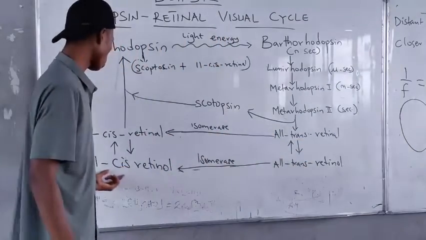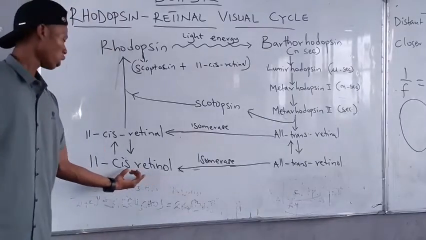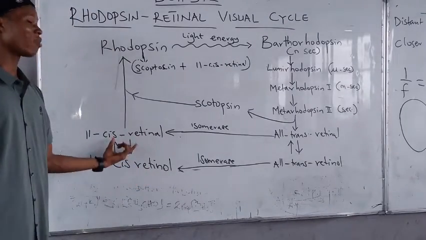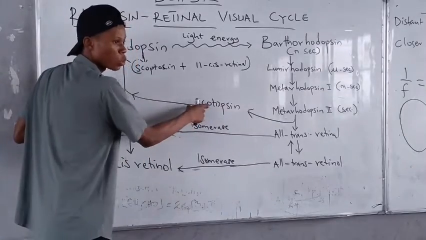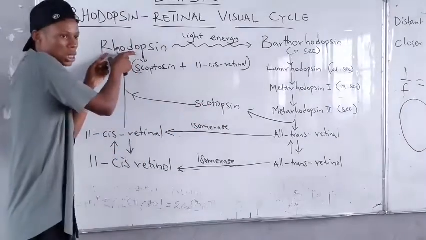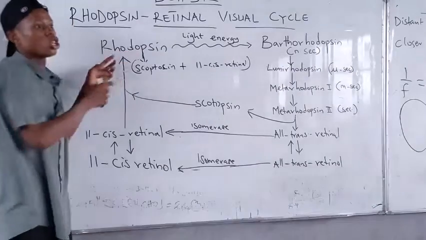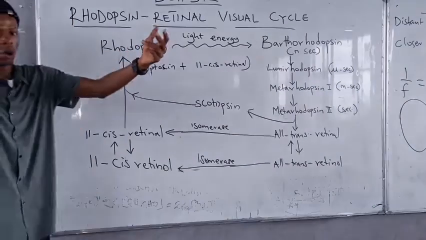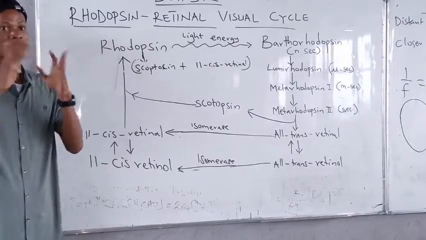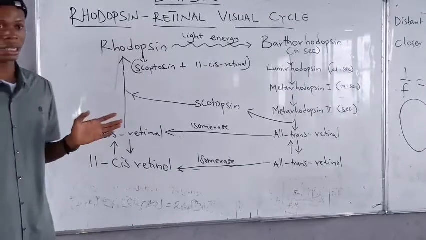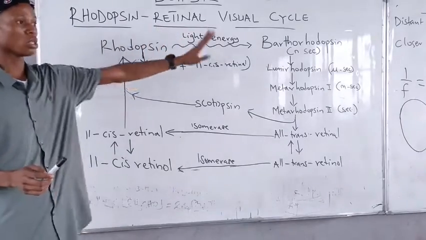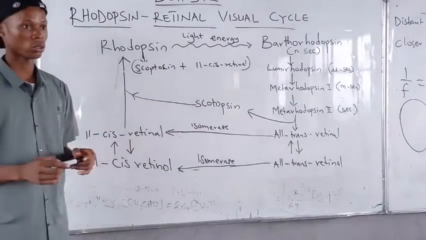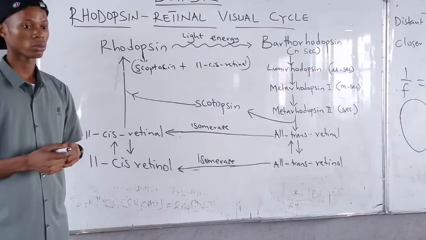This can be isomerized to 11-cis-retinal. 11-cis-retinol can be converted to 11-cis-retinal, which can then combine with opsin again to reform this rhodopsin. The rhodopsin is stable and waits for light to hit it again before it dissociates. Do we get that? So if you are asked to explain the rhodopsin-retinal visual cycle, this is what you have to explain. Yes.